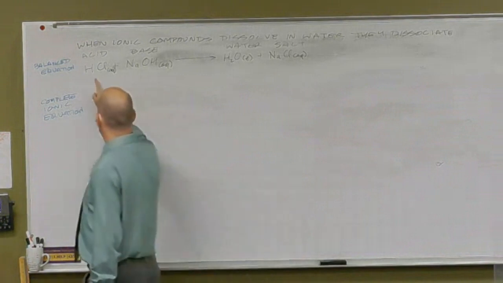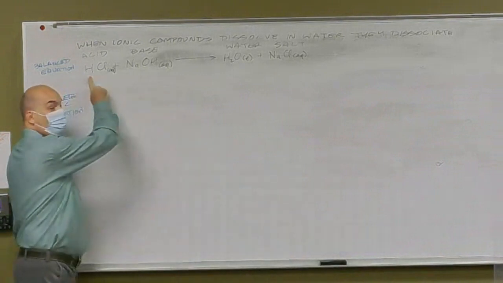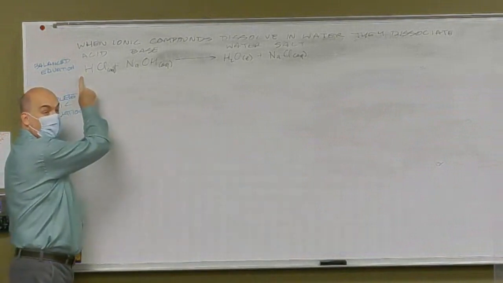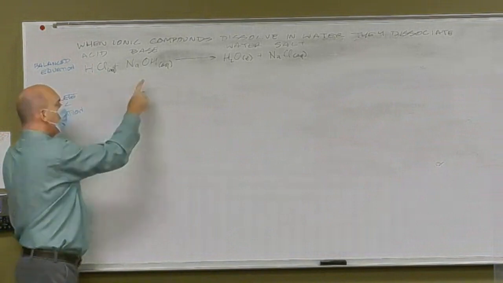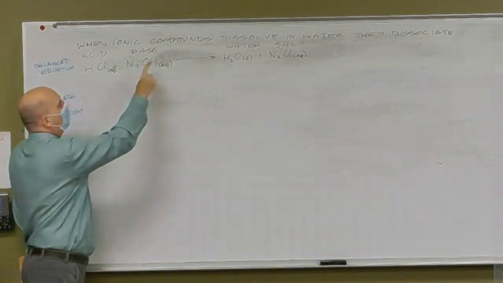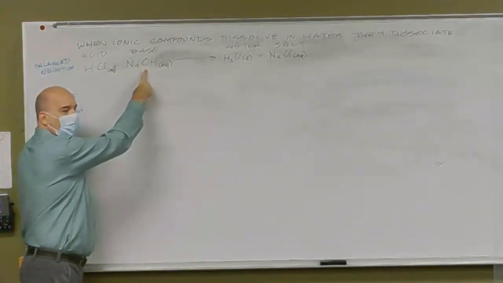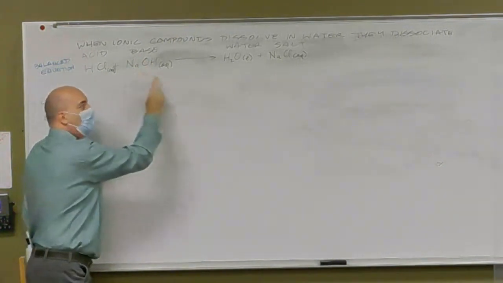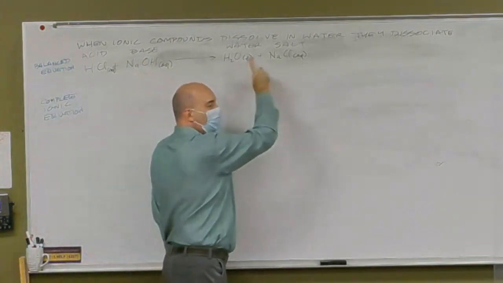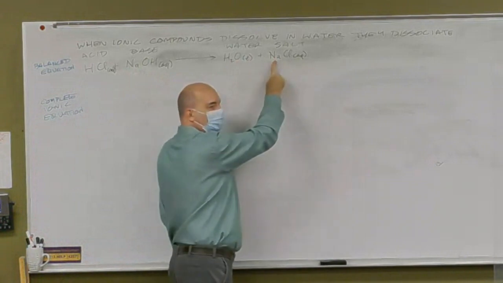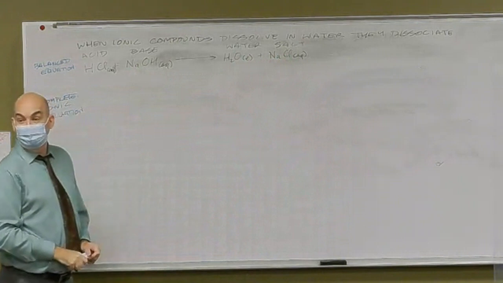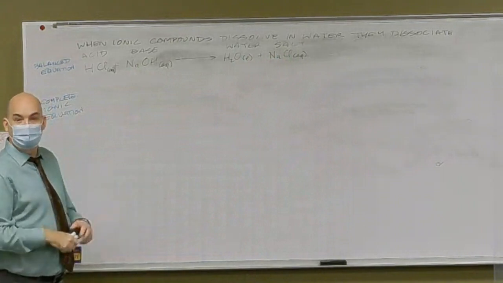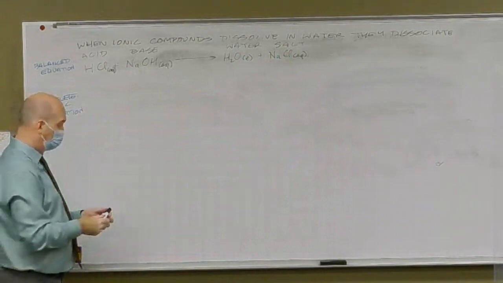Because in solution, HCl, left-hand side of the periodic table, right-hand side of the periodic table, this is ionic. Left-hand side, right-hand side, this is ionic. That's a liquid. We're going to skip that one. Left-hand side, right-hand side. These are all ionic, and ionic things split apart in solution.